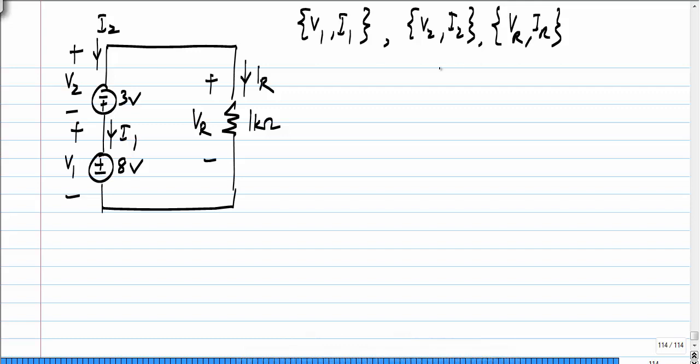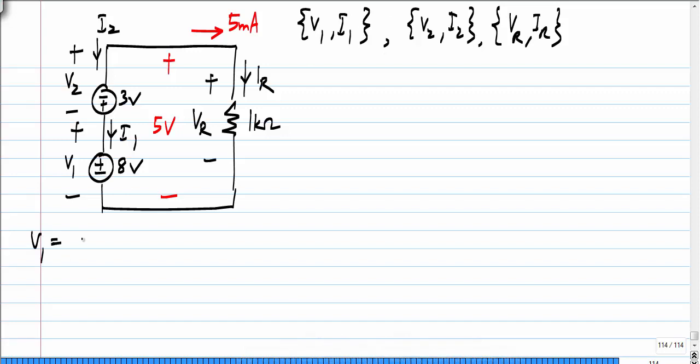Now, the analysis of this circuit is trivial, and many of you can do it in your head in a matter of seconds. The voltage across this combination, the series combination of voltage sources, is 5 volts, and we have therefore 5 milliamp flowing through the resistor. So, now we will compute each of these currents and voltages.